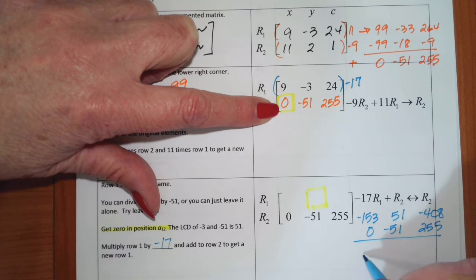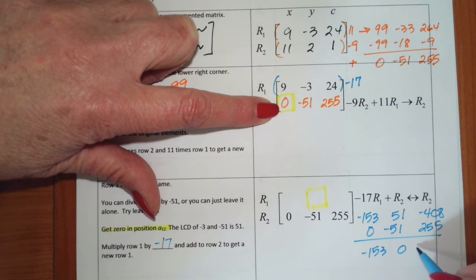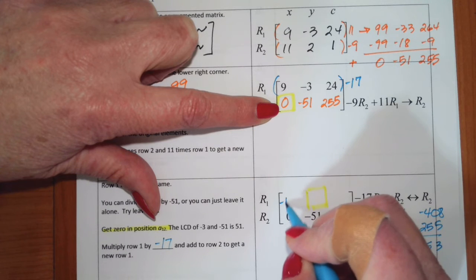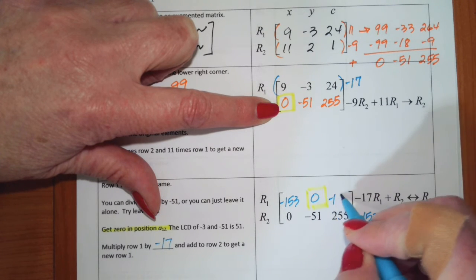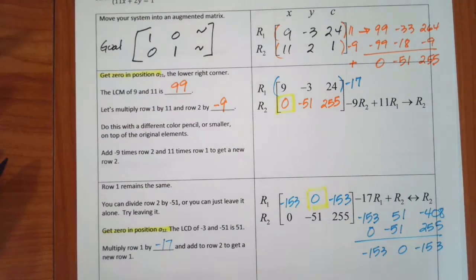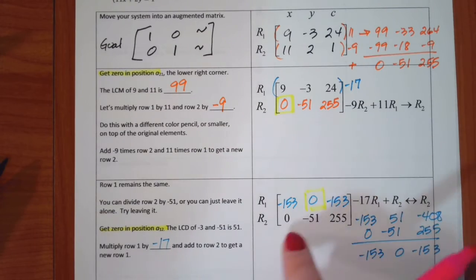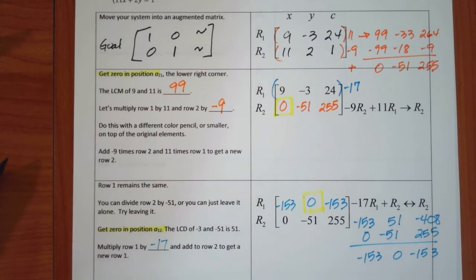When I add those together I get -153, 0, -153. Okay, so I've got my zeros where they belong.